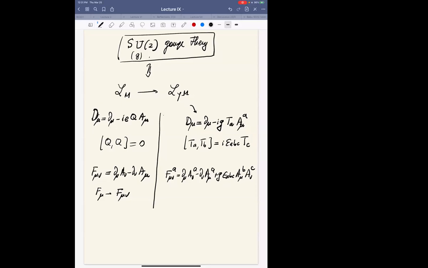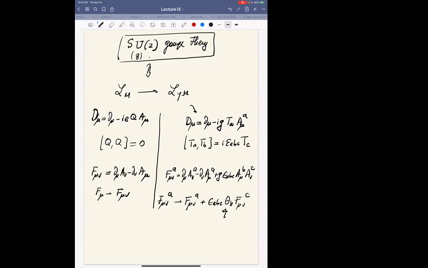It's just the nature of SU(2), and therefore F_mu nu^a is not invariant. It will transform as F_mu nu^a under small transformations plus epsilon^{abc} theta^b F_mu nu^c, something like this.